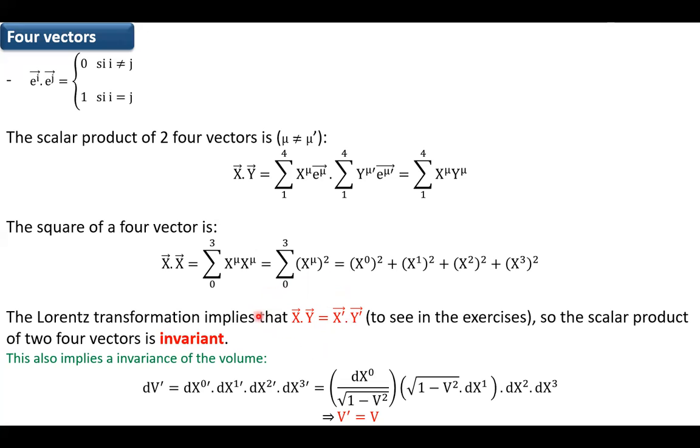So why do we need invariance? Because we are physicists. We always need invariant quantities. You cannot make physical laws without invariance. If your quantity is not invariant, you cannot use it to make laws of physics.